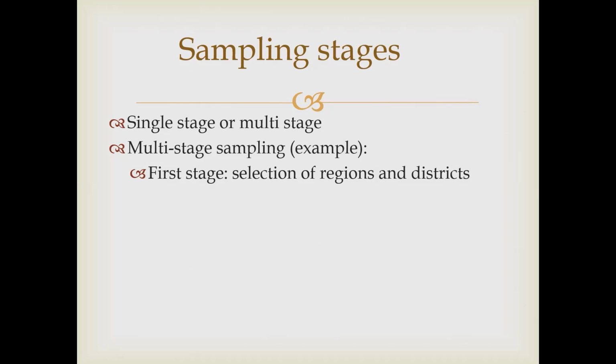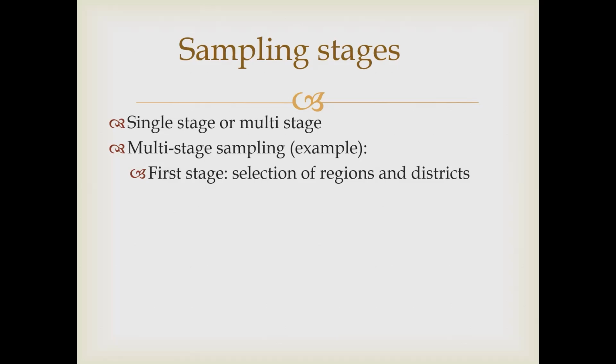So different regions are there, different banks are there, and each bank has different branches. So the population is diverse, it's not uniform. So your sample also should be diverse. It should cover the entire population to be representative of the entire population. In such situations, we apply multi-stage sampling.